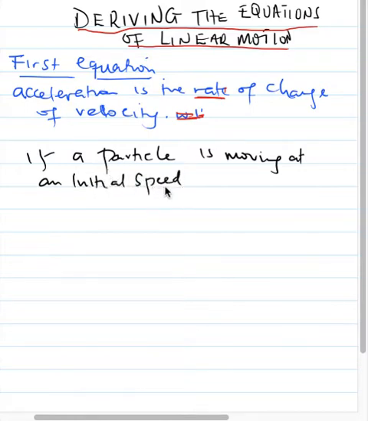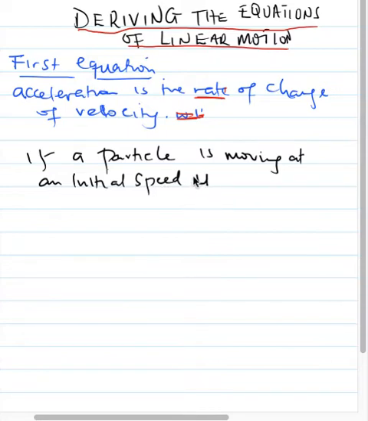There's a very slight difference between speed and velocity. Speed has no specific direction, but velocity has a specific direction. Therefore, speed is a scalar quantity and velocity is a vector quantity. So here, the word speed can be used interchangeably with velocity.